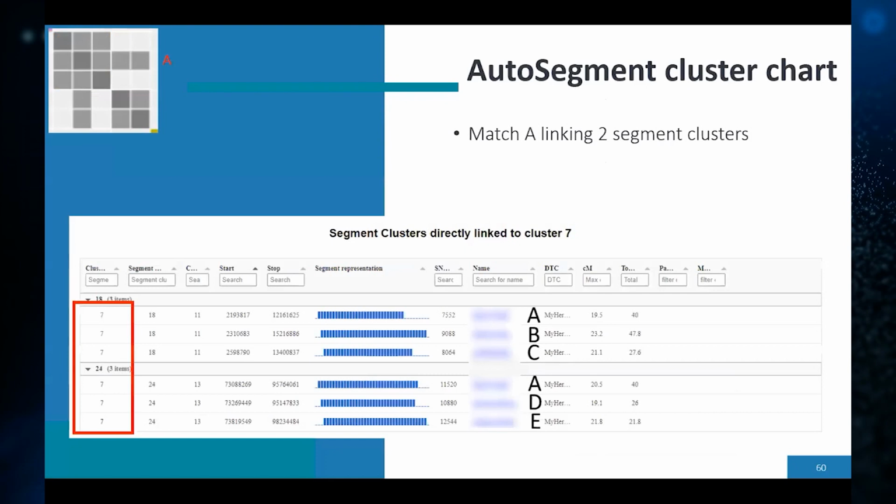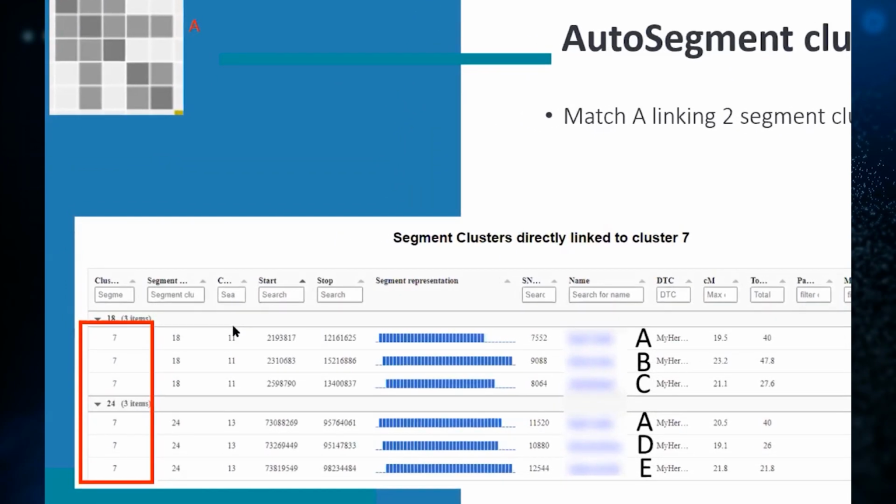Now we have this funky cluster that was not fully connected. We had these strange lines, so it was not as nice as the other ones. So now we do have two segment clusters that are linked to this cluster number 7. The first one is on chromosome 11. You see the segments over here, and this is match A, B, and C. They're all around 20 centimorgans, so 21, 23, 19.5.